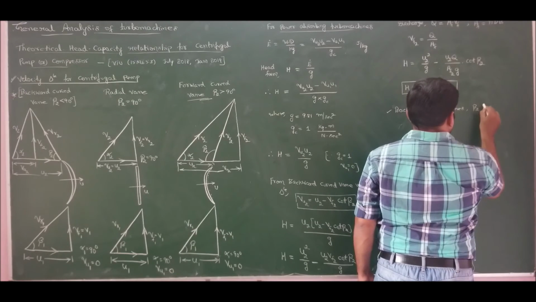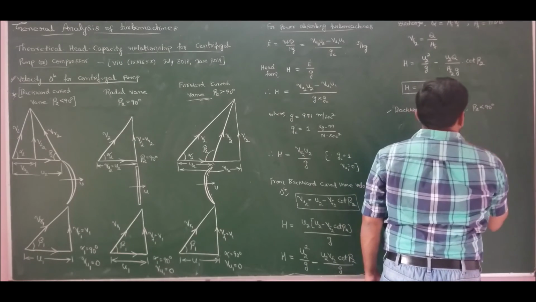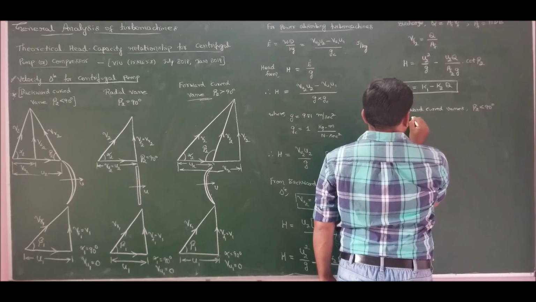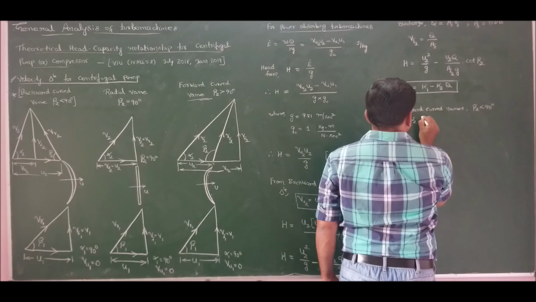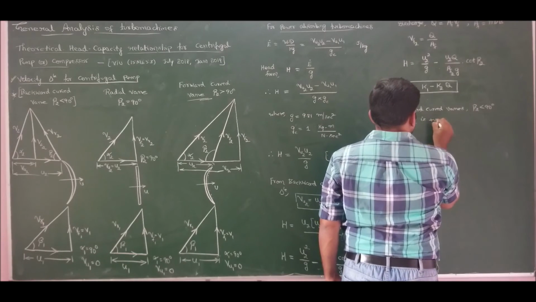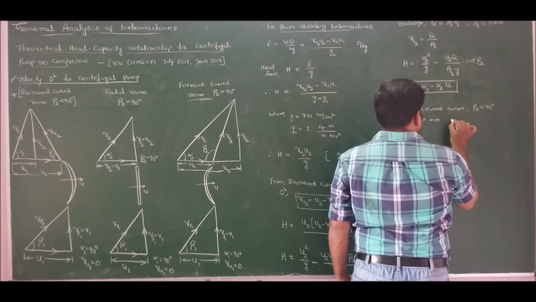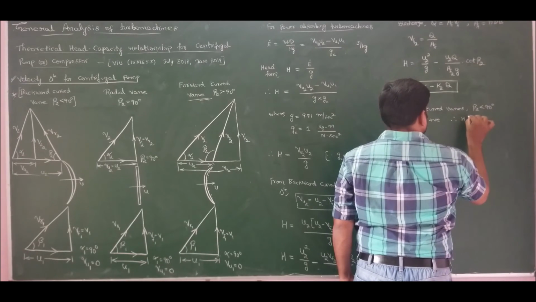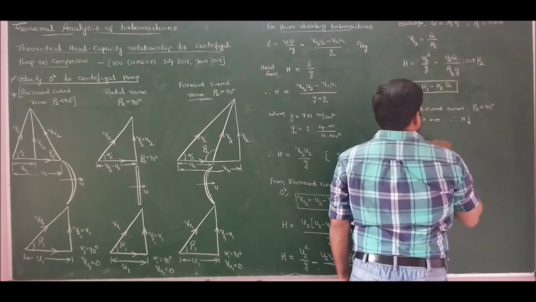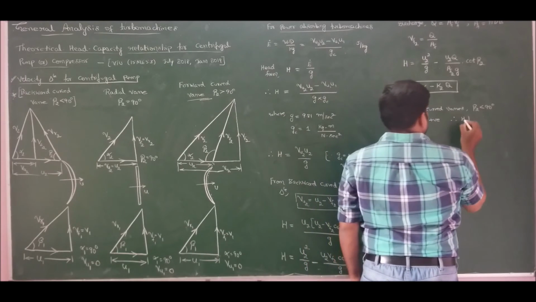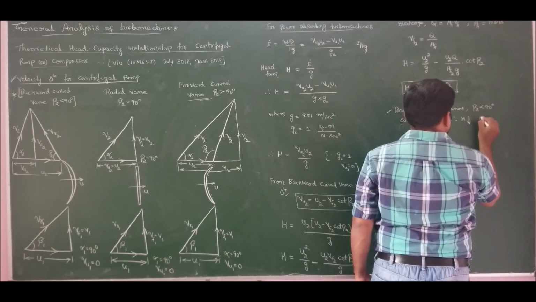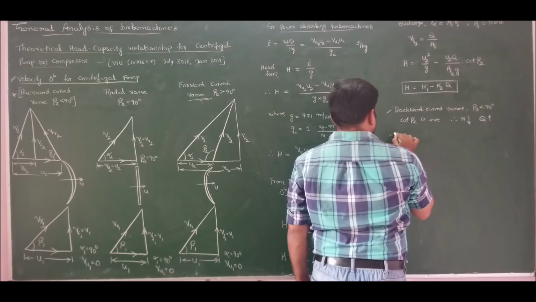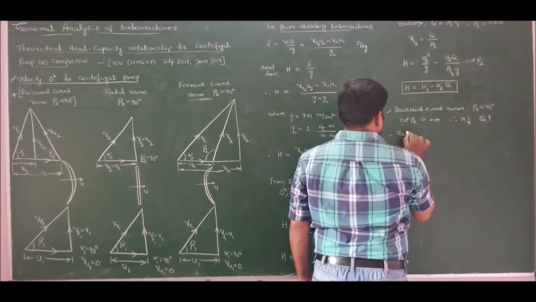For beta 2 less than 90 degrees, cot beta 2 is positive. Therefore, H decreases as Q increases.